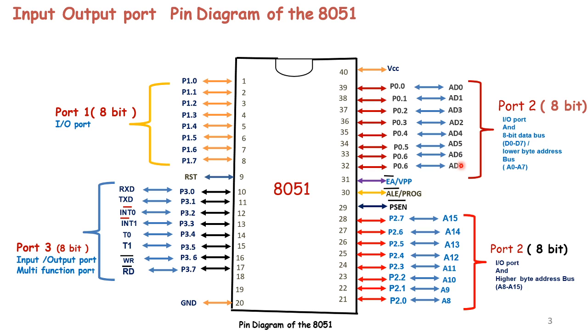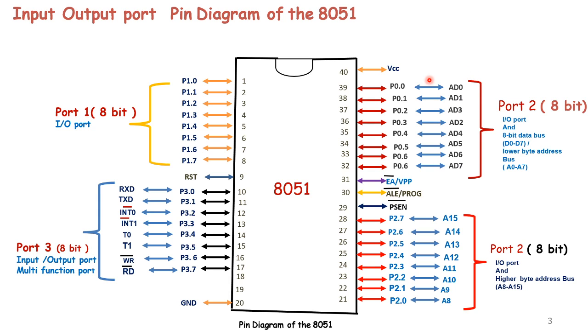These 8 pins AD0 to AD7 work as D0 to D7 when the ALE control signal is equal to 0, and when the ALE control signal is equal to 1, AD0 to AD7 work as lower byte address bus A0 to A7. So this control signal decides whether these 8 pins act as a data bus or an address bus.